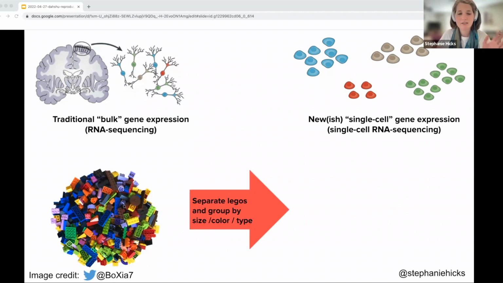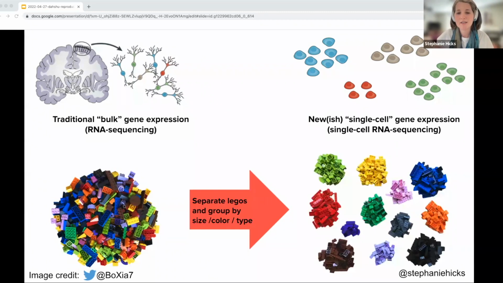The analogy translating it in Legos is, imagine now you get to take your big pile of Legos and organize them into all the different types of Legos. Maybe you get to see the different types of cells in your tissue sample, or a relative proportion of the fraction of each cell type. Lots of cool things that you get with this data that you couldn't see with bulk.